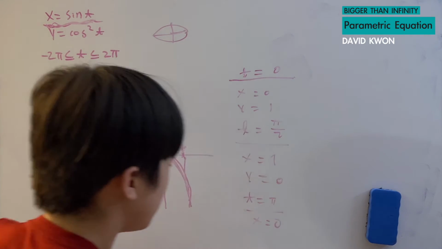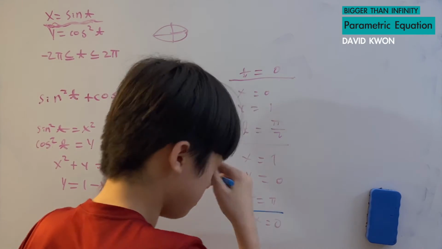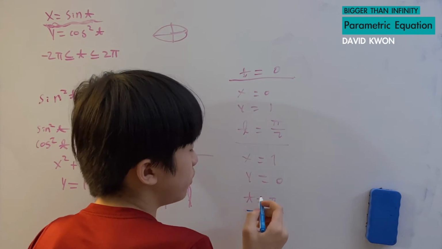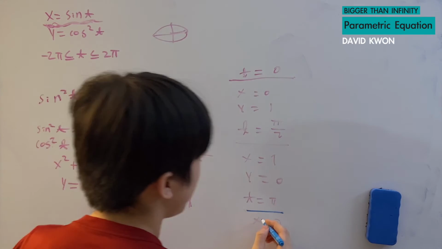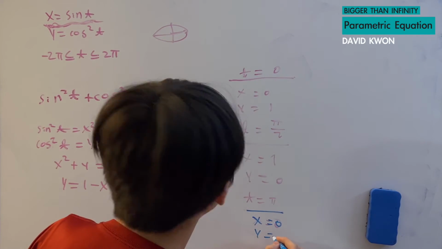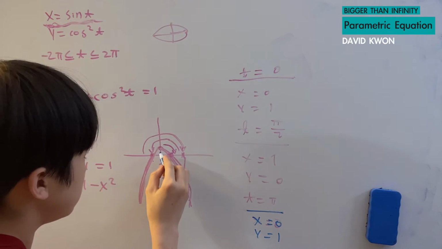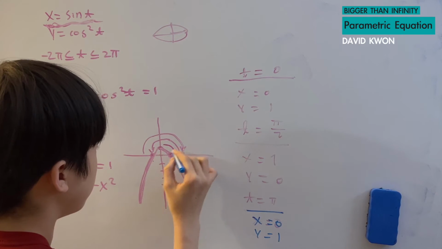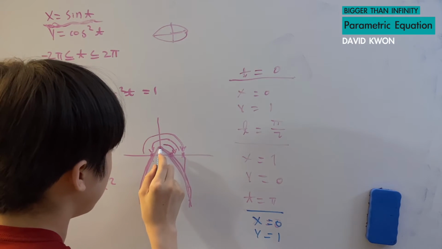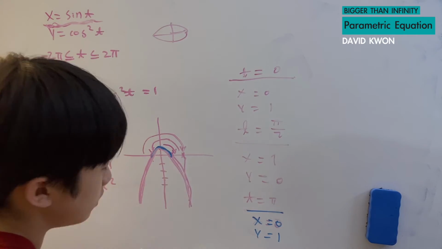Now let t be pi. Put it in there, we get x is equal to 0. We are running out of ink, that isn't good. Let's swap it. So when t is equal to pi, again, put it in there. We have x is equal to 0 and then y is equal to 1. So it went to here, and then back to here, and then back to here.